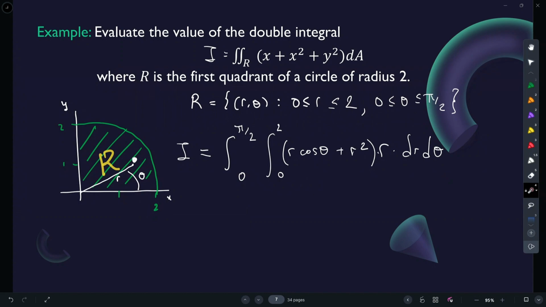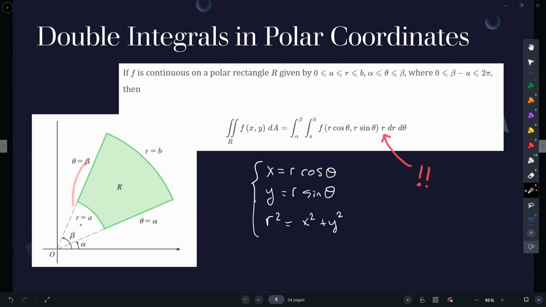In that conversion, if you try to figure out the area of a circular region like this one, it's not just this length by this length. You have to multiply by something like this length here.